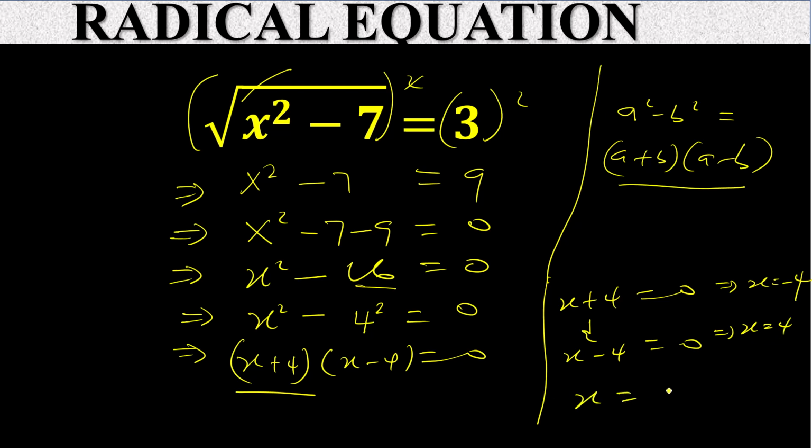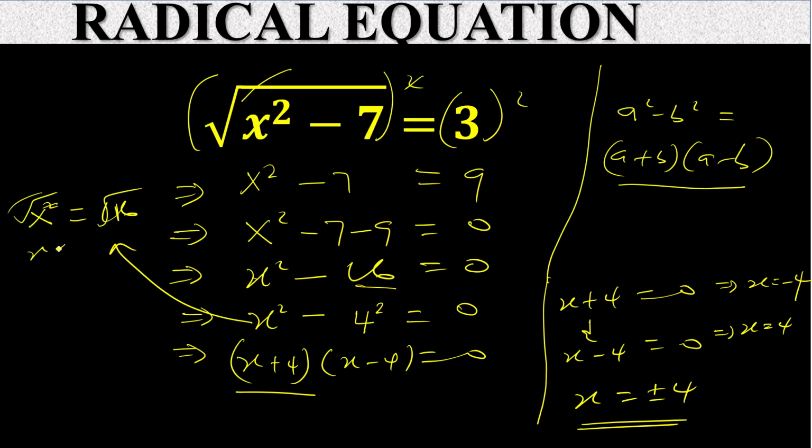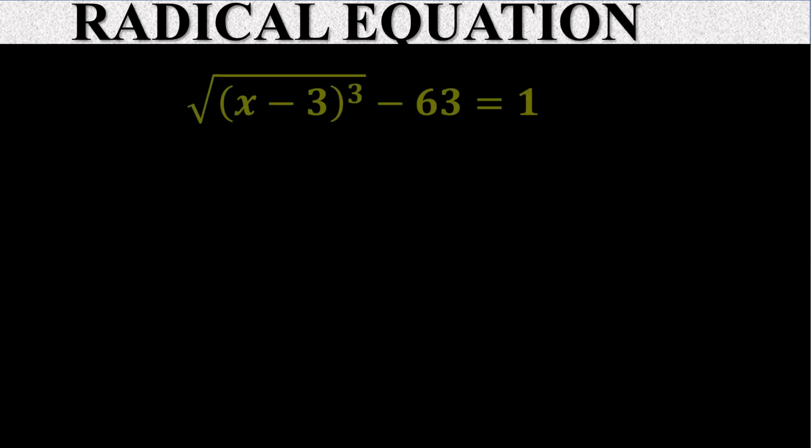So the answer for this is x is equal to plus or minus 4. Somebody too can also say from here, x squared equals 4 squared, 16. So you can take square root on both sides. This will cancel this, x is equal to plus or minus 4. That one too will work. Alright, so let's look at the next example.